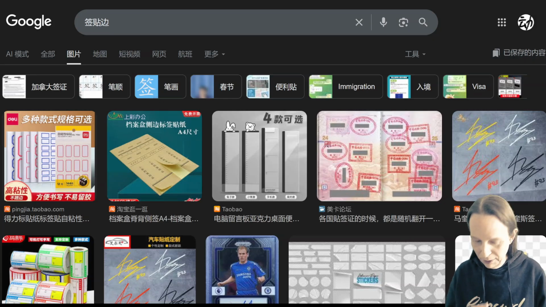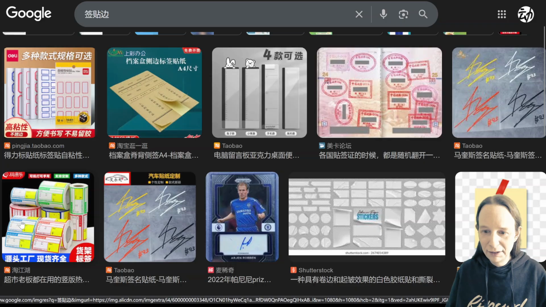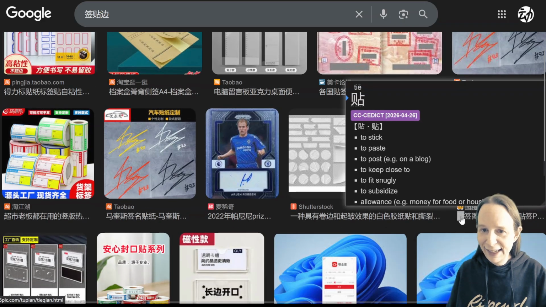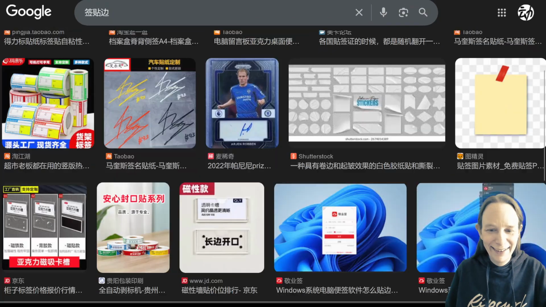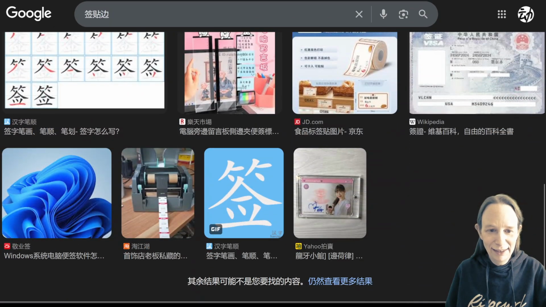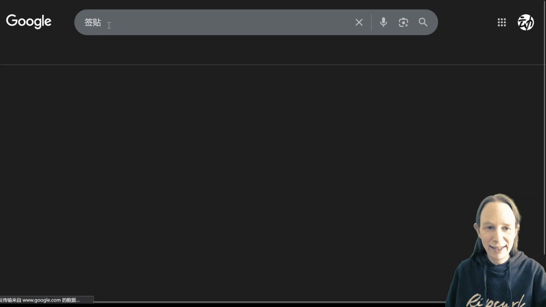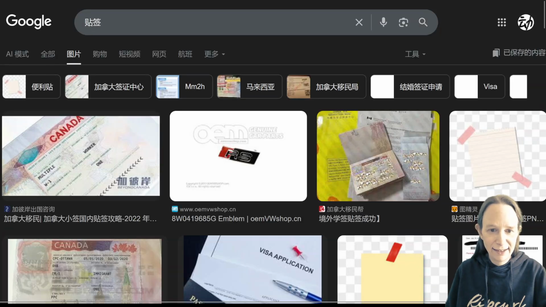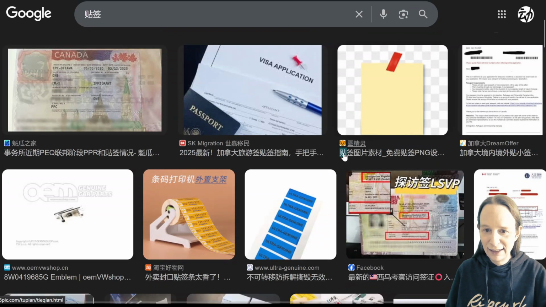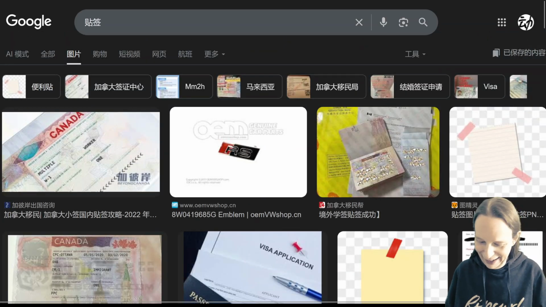That's what's in the dictionary. 贴签. I don't know what it is. Some sort of sticky attachment to something or other. What if we put this first? 贴签图片. I have no idea what this is. All right, it's a thing.